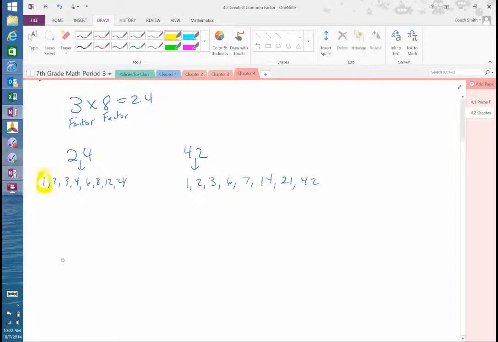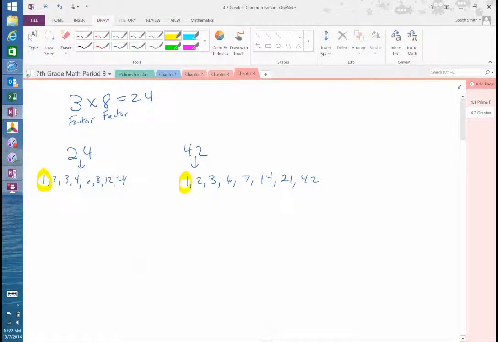So if we look at which numbers are common, we know that the 1 is common because 1 is common with every single number. So if they have no other factors in common, 1 will always be the greatest common factor. This particular problem, we do have other numbers that are in common. We have a 2 and a 2.